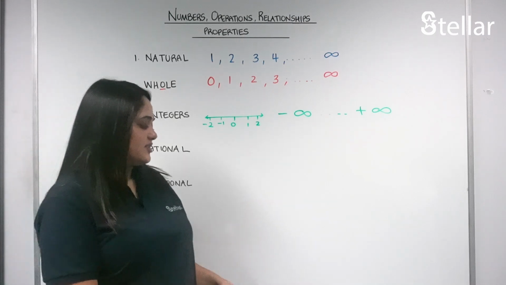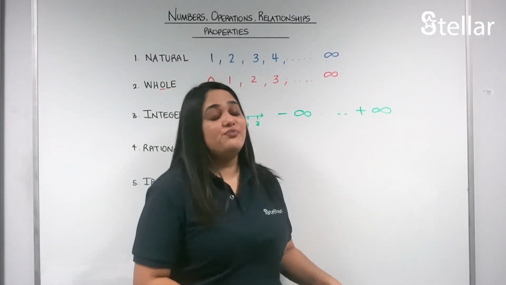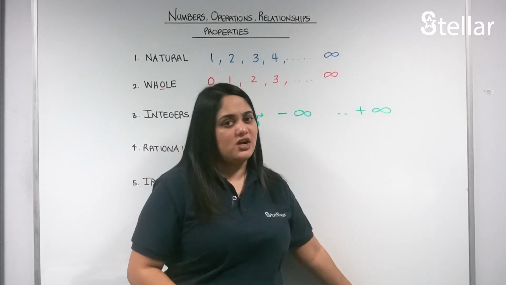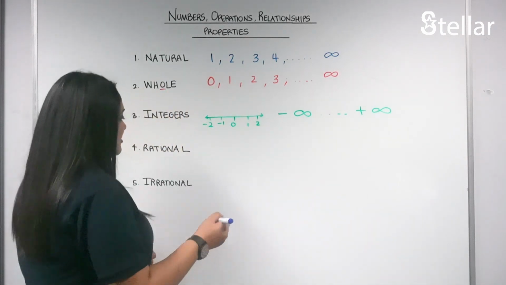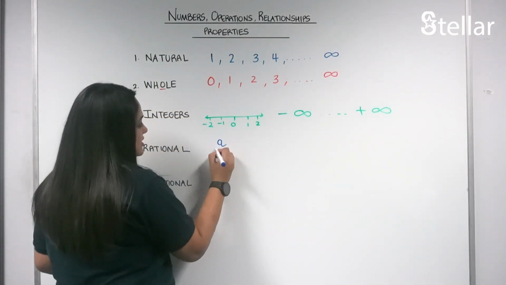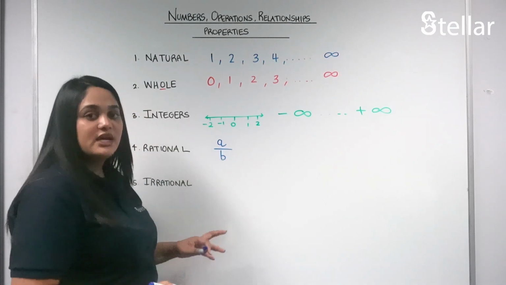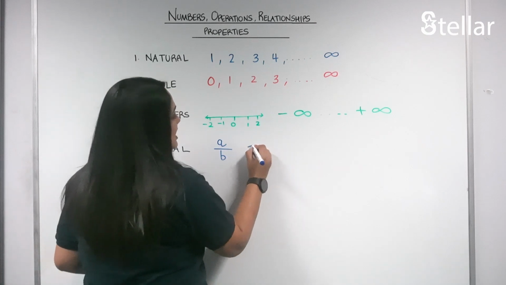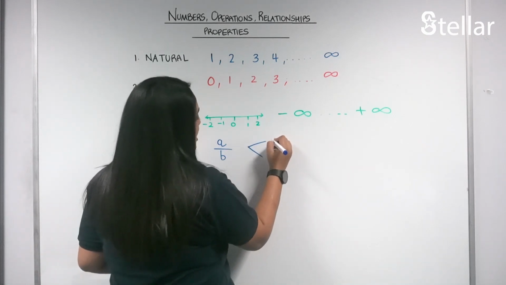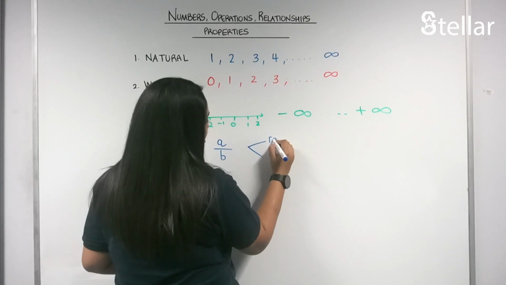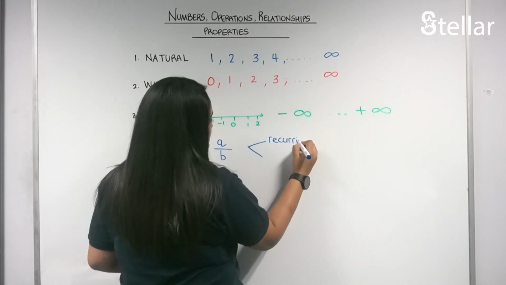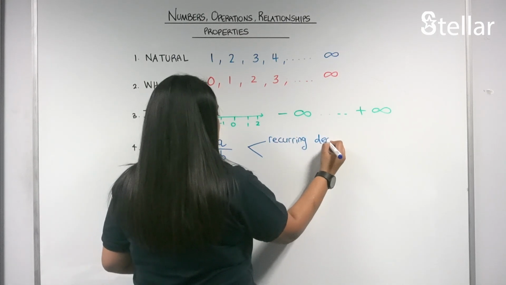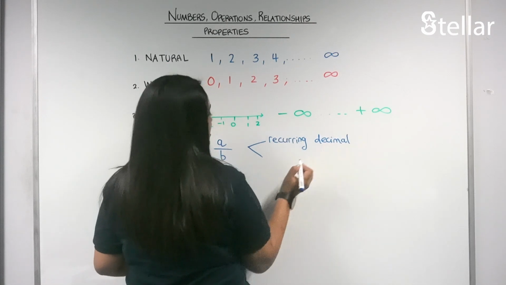The next one is a rational number. Now, you've been working with fractions for a very long time. So a rational number is any number that can be represented in the form A over B, and it must have a recurring decimal, right?